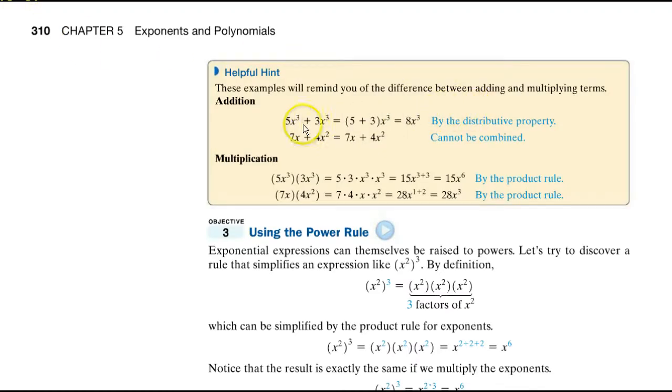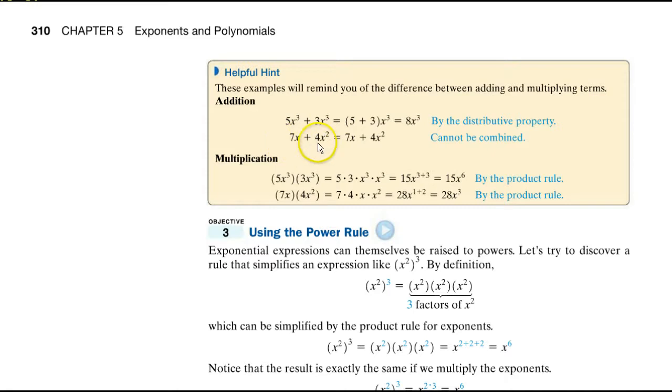Now, notice what you're doing here. You're not multiplying, you're adding. So when we add letters, we only deal with the numerical coefficients. So this is going to be 8x to the 3rd. The variable does not change when we add.